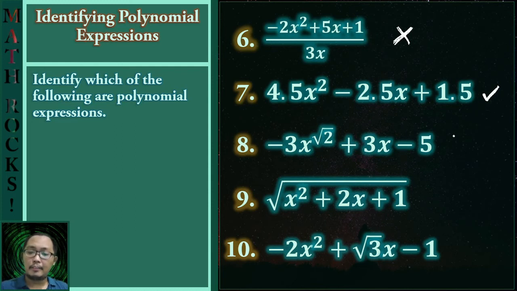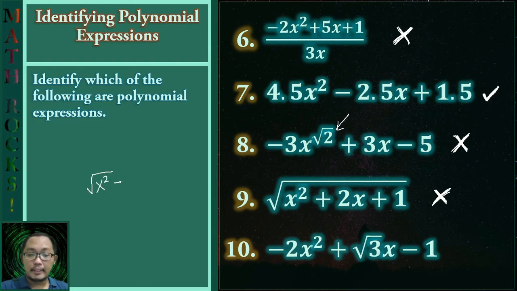But for number 8, this is not a polynomial expression because you will notice that this is not an integer. While for number 9, this as well is not a polynomial expression. Remember that an expression like this can be translated as x raised to 1/2. And this is actually a lesson in grade 9.